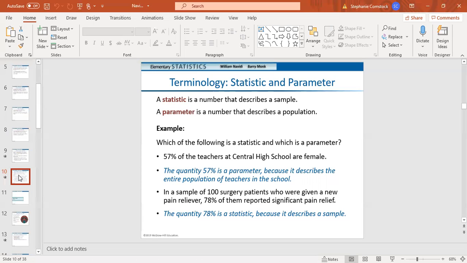Now, if you look at the worksheet that is available, I'm going to run through these examples real quick. It says determine whether the number described is a parameter or a statistic.